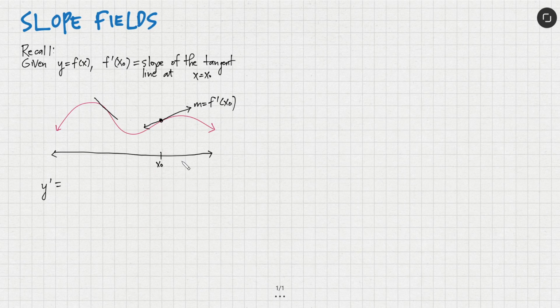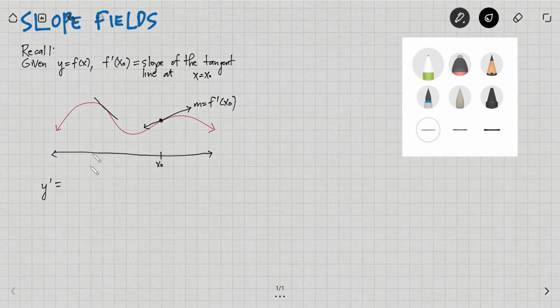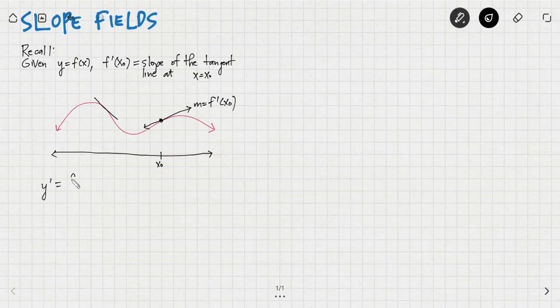So before I actually illustrate to you an example of a slope field, define muna natin. Now for this lesson, we're going to assume that the derivative of y is a function in two variables x, y. Okay. So this is the definition of a slope field.